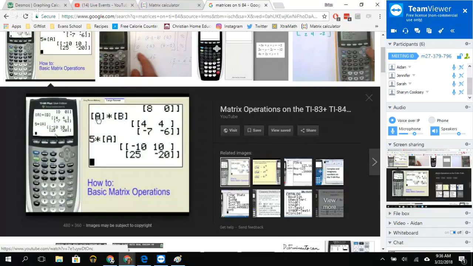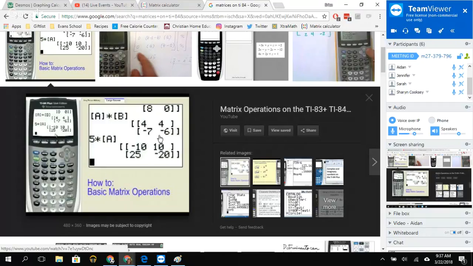And then you can perform operations in your calculator just like you would with addition and subtraction. So once you've said matrix A is 1, 2, 2, 1, and matrix B is, I forget what it is, then I could type into my calculator A plus B, and the TI will calculate what the matrix is when I add or subtract it.